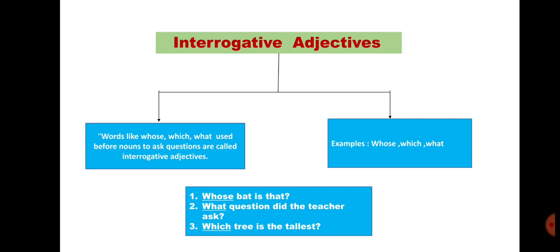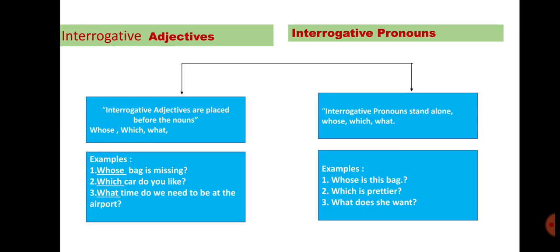I'll give you one more example. Whose pen are you looking for? Which house is yours? Or what method are you following? Now again we have interrogative adjectives and interrogative pronouns.